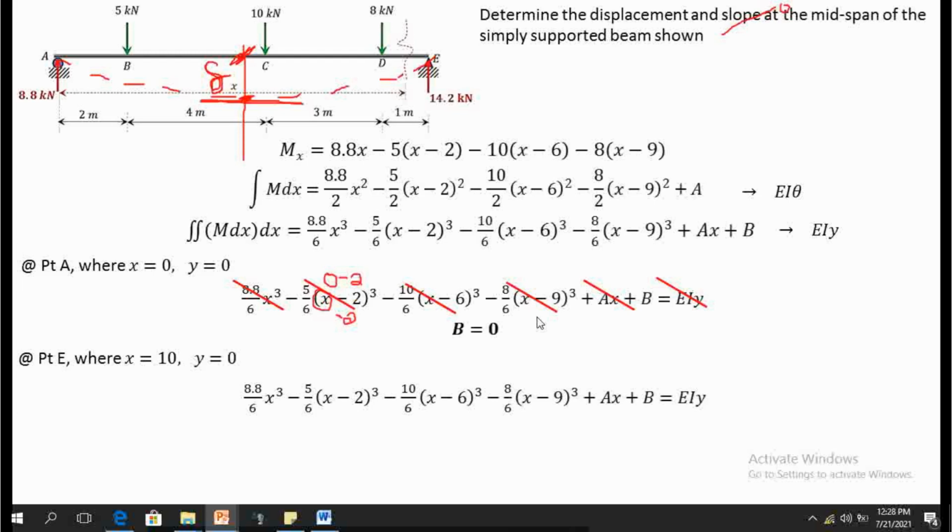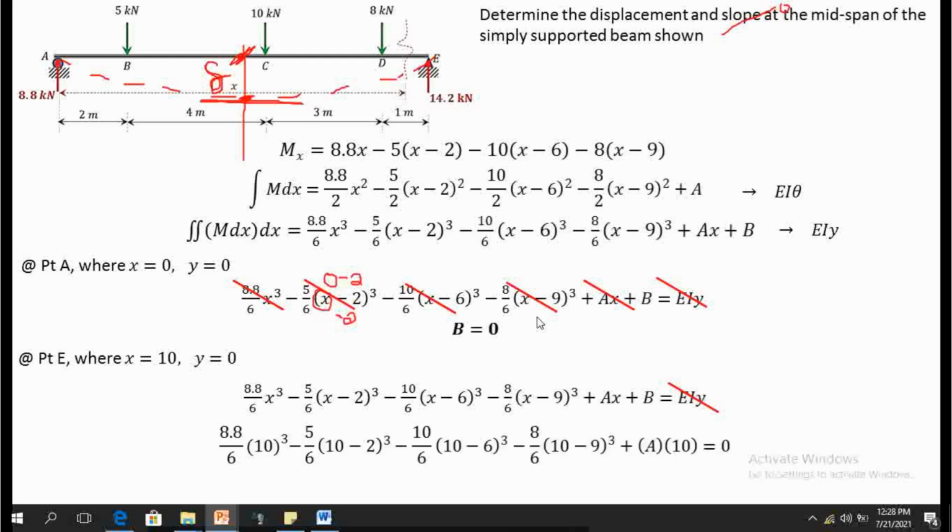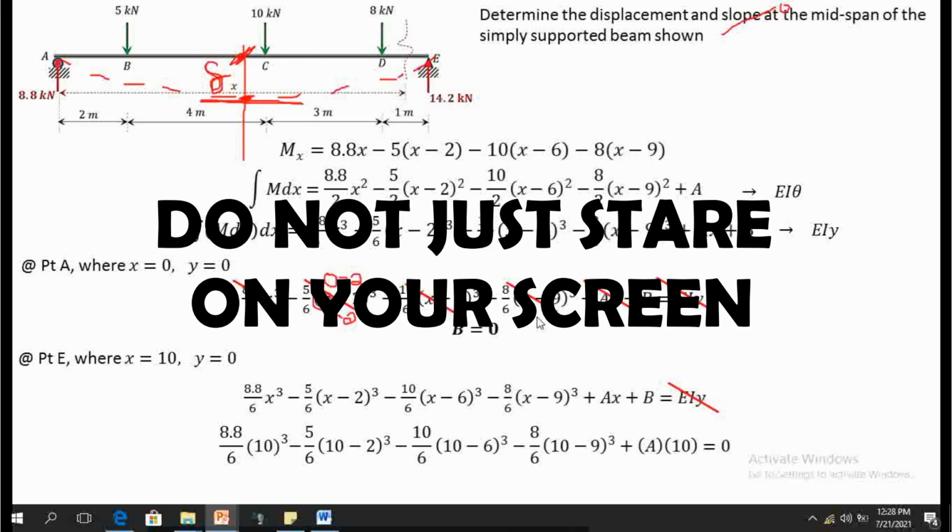Then I'm going to substitute the value of x by 10. Magiging 0 si y. So, isa-substitute ko lang si x ng 10. Now, kindly get your calculators. Compute the value of a. This is what I have solved. A is equal to negative 93.2.